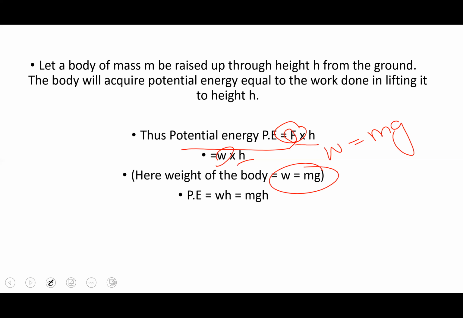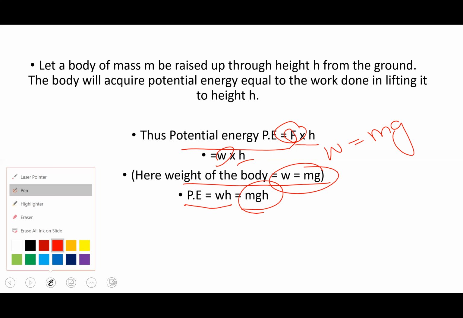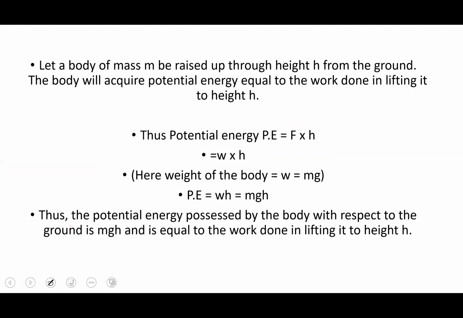Here we have the weight of the body, which is equal to mg, and potential energy will be equal to the weight into height, so mgh, and this is the formula for potential energy. Thus, the potential energy possessed by a body with respect to the ground is mgh, which is equal to the work done.